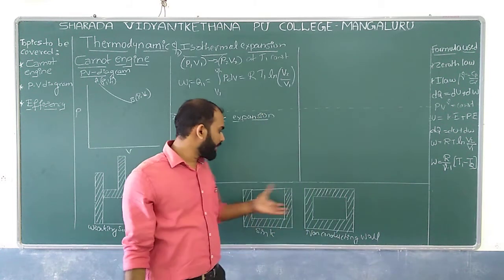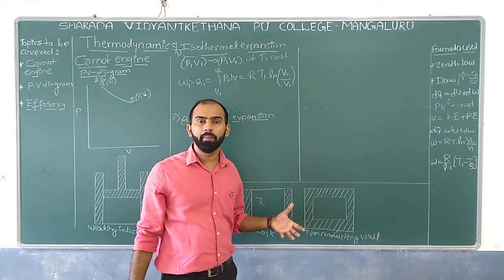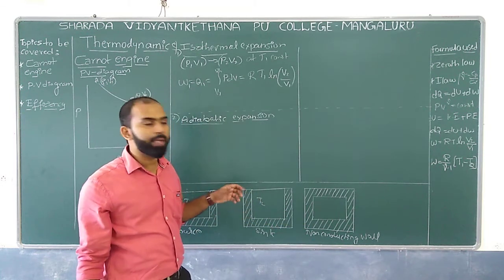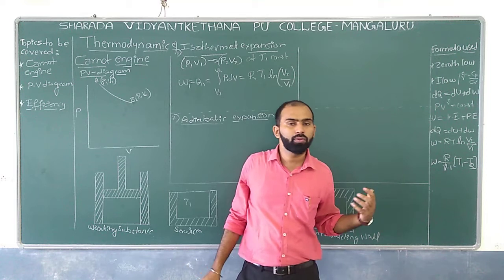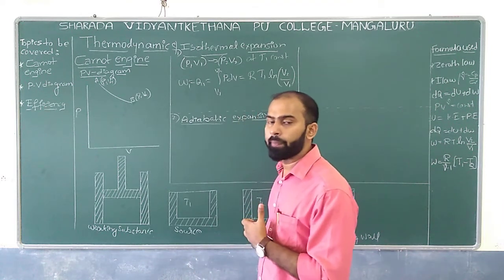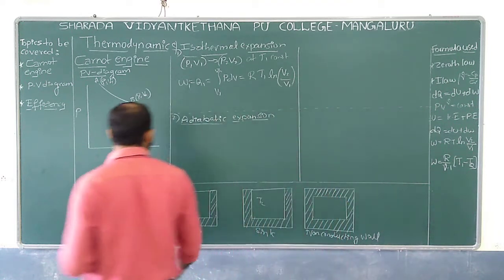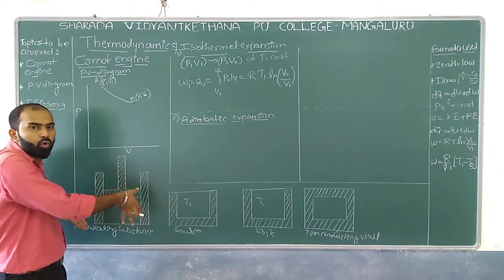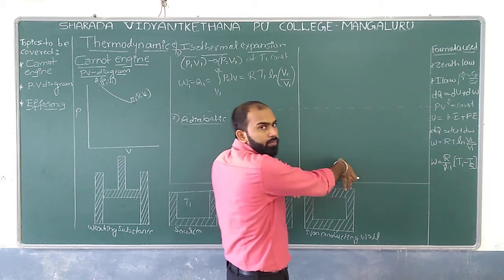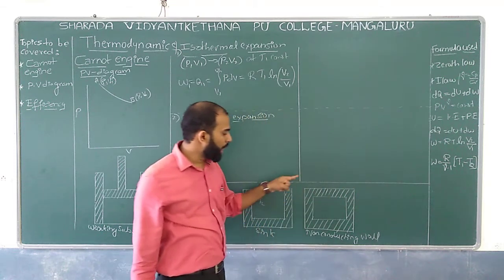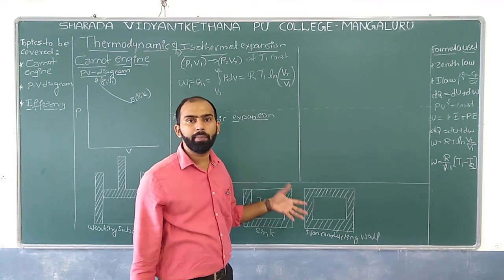Among these three, which one is having an insulating wall? This is an insulating medium between the working substance and this particular part over here. Now, your job is to take this whole setup, this whole working substance, and keep it over here. And if I keep it on the top of this non-conducting wall, what happens?